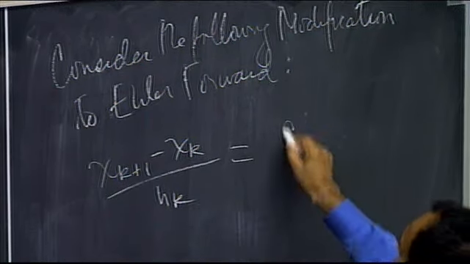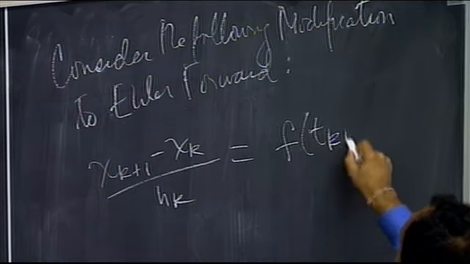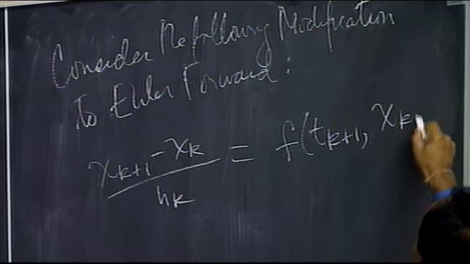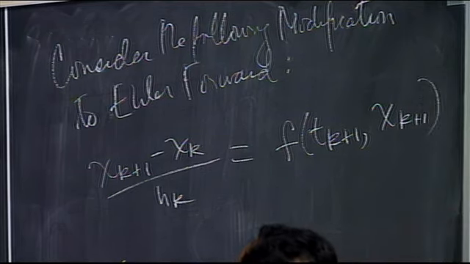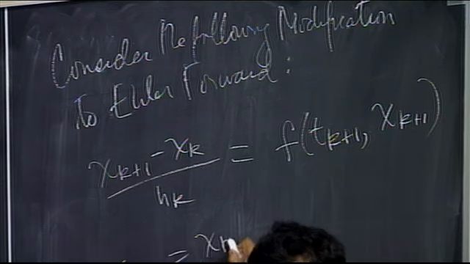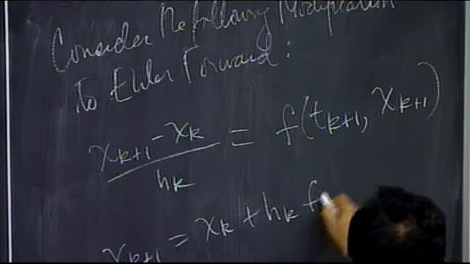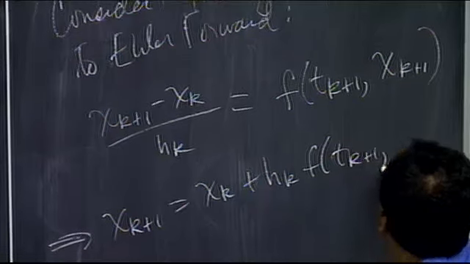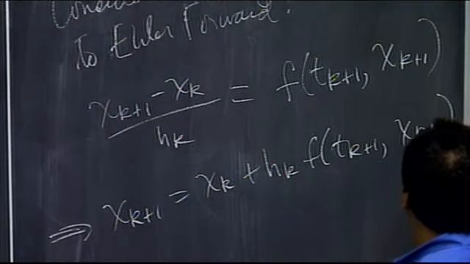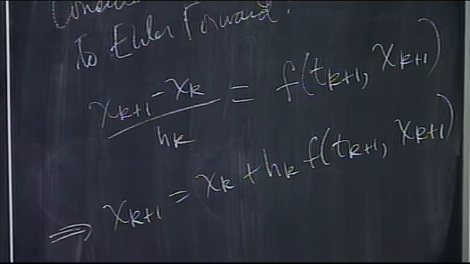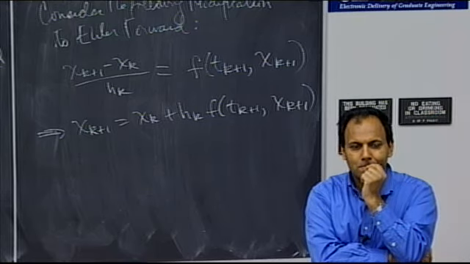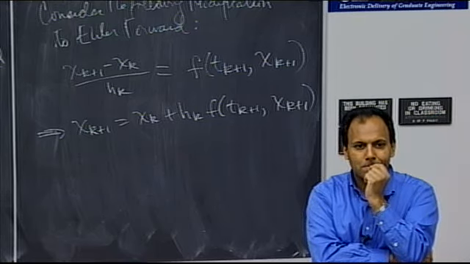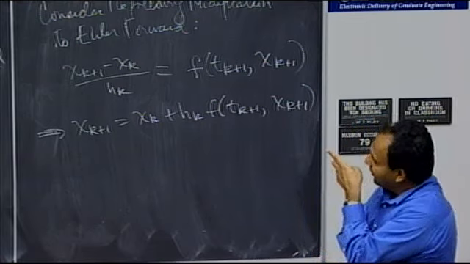Instead of approximating it using the value at step k, we approximate it using the value at step k plus 1. And then what we get is this. Now, how many function evaluations does this have, as compared to that over there?